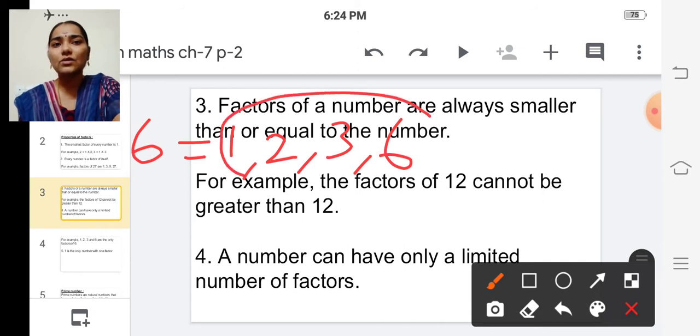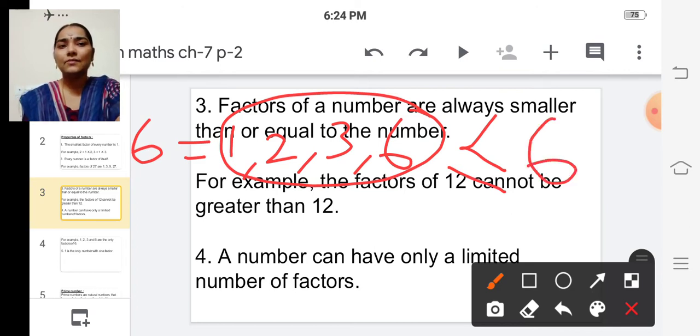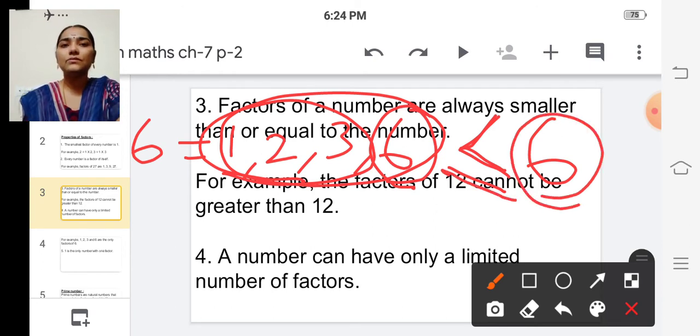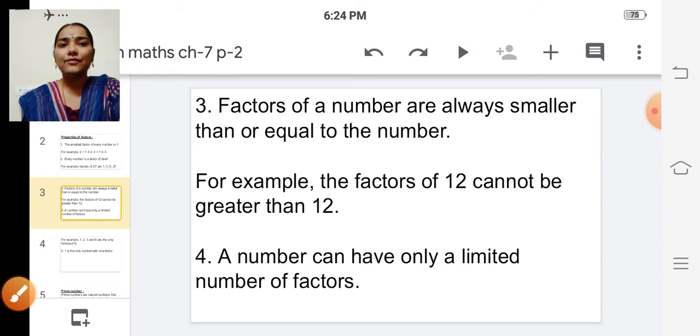So the factors of 6 are smaller than or equal to 6, isn't it? 1, 2, 3 are smaller than 6 and every number is a factor of itself. So the factors of a number are always smaller than or equal to the given number. For example, the factors of 12 cannot be greater than 12, isn't it?